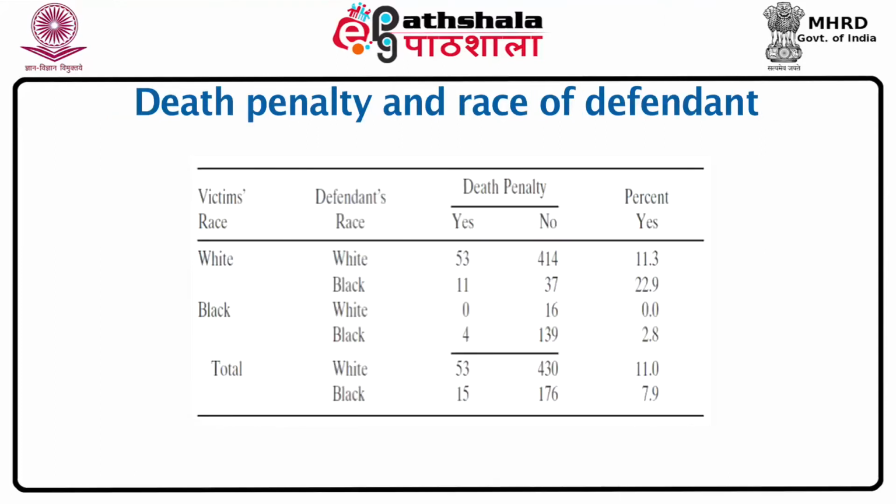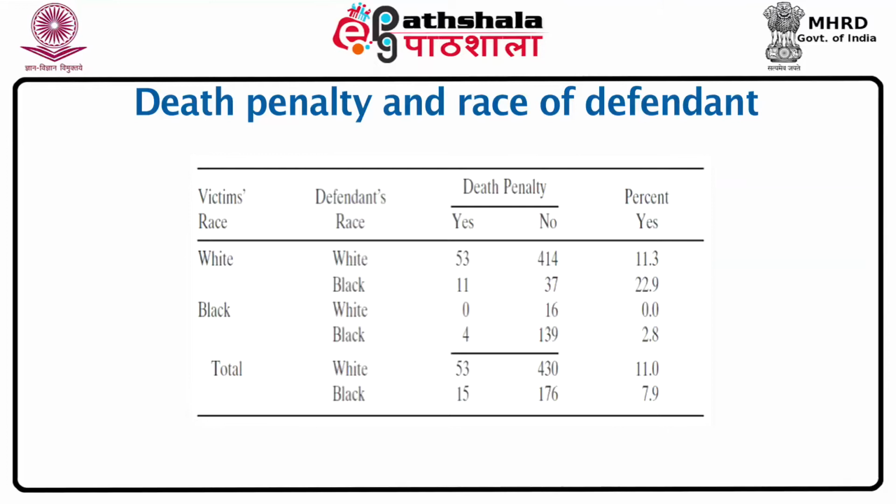So here again is the example on death penalty and race of the defendant. This is the kind of 2 by 2 by 2 table I referred to in my earlier slide. The three variables considered here are firstly death penalty, yes or no. That is, whether or not the death penalty has been awarded in a particular murder case.